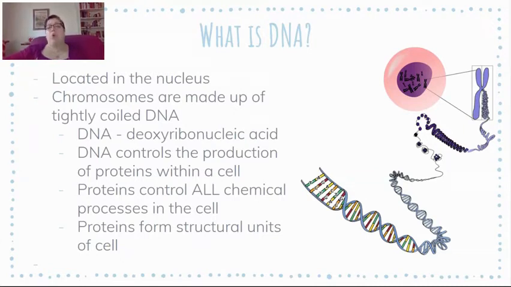DNA controls what proteins the cell makes and what versions of those proteins, if there are different options, it can make. And to remind you, proteins then are the major structural unit of organisms and control all of the chemical processes within the cell. And to remind you, DNA stands for deoxyribonucleic acid.